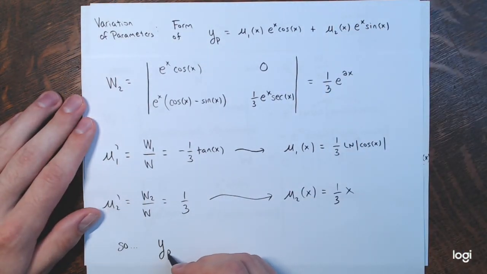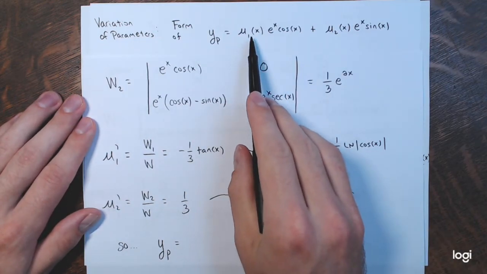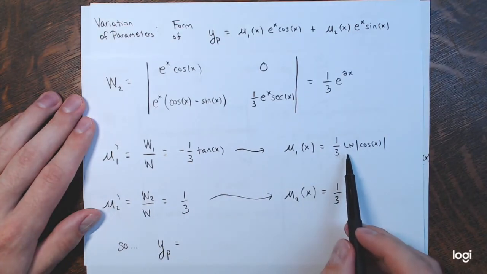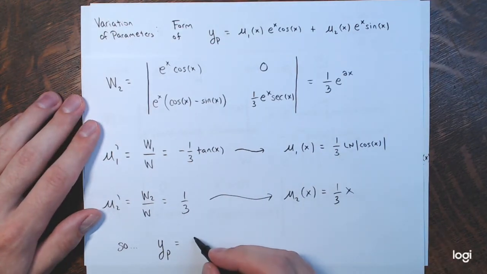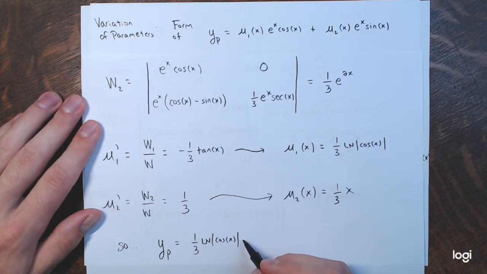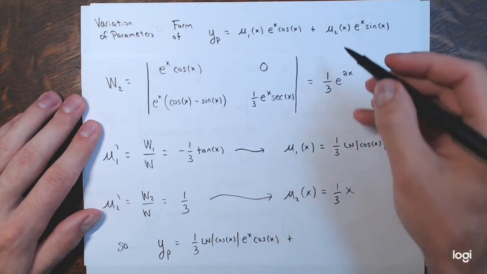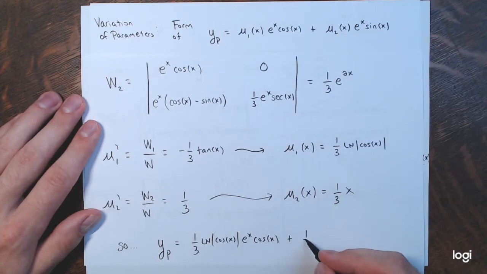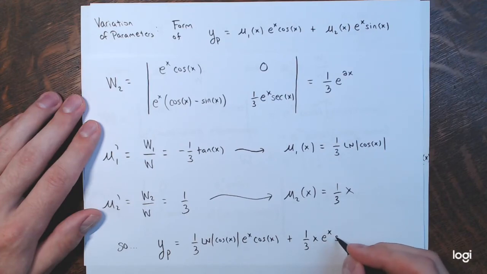So yp, the particular solution to this equation, is u1 of x, so 1/3 times the natural log of the cosine of x times e to the x cosine x plus u2 of x, which is 1/3 times x times e to the x sine of x.